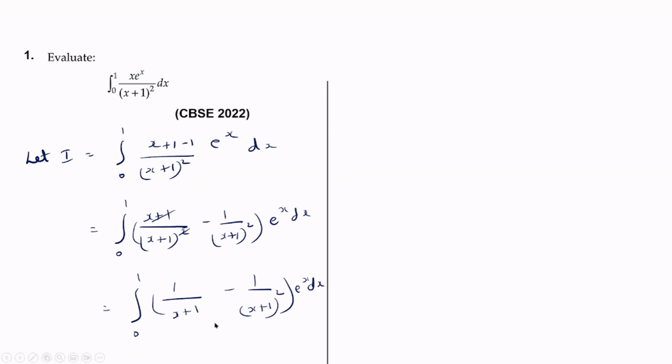Here we can see that if we take this as f of x, then the derivative of 1 by (x plus 1) is minus 1 by (x plus 1) the whole square. So this is of the form integral of f of x plus f dash of x into e raised to x dx, for which we have the standard result. We can use that standard result and find the answer.